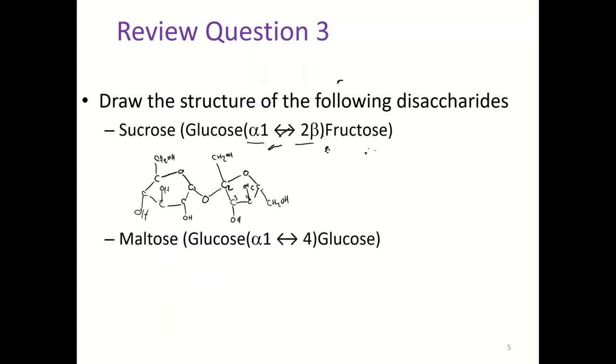Let's try a little bit easier one, maltose. Maltose is where we have 2 glucose molecules attached via an alpha 1 to 4 glycosidic bond. An alpha 1,4 linkage is something we'll see again in this class today when we talk about polysaccharides. So our first glucose will look like this.